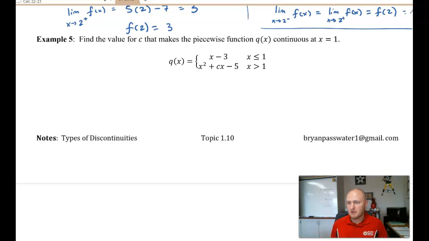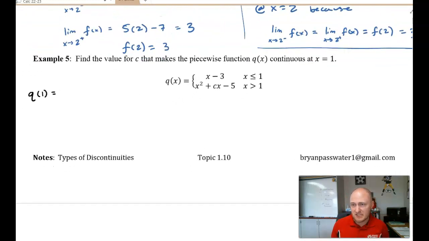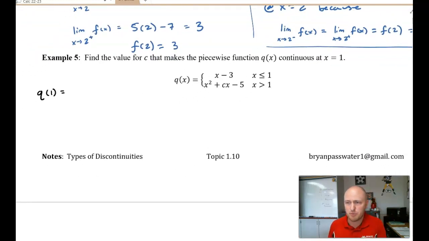So the first thing that I'm going to do is say, okay, if it's continuous, then q of 1 has to be defined, and I want my limits to also equal that value, right? Didn't we say that here? So I'm going to start with this as the easiest because q of 1 should be pretty easy, which is equal, if I plug in 1 minus 3, negative 2. I want my limit, and I want my function value to be equal to negative 2.